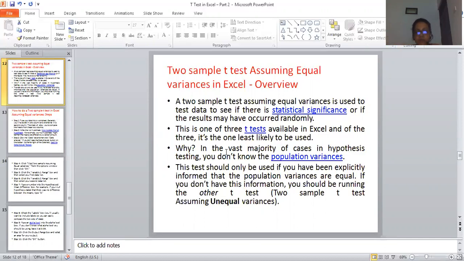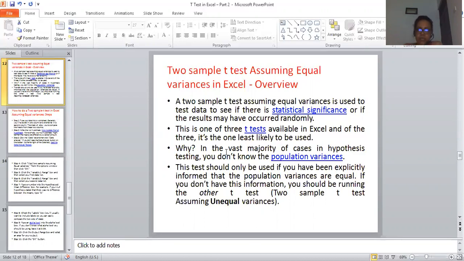Otherwise, you have to go for the third option, the two sample t-test assuming unequal variances. If you don't have this information, you should run the two sample t-test assuming unequal variances.